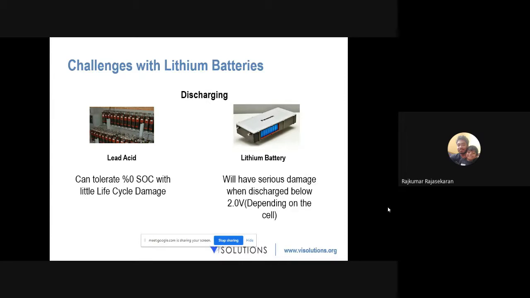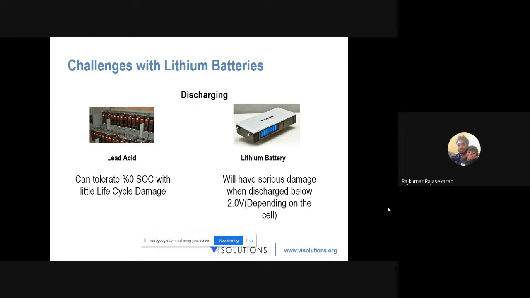And of course, discharging as well. You can discharge the lead acid battery safely, even to 0% of SOC, state of charge, with little life cycle damage. But for the lithium-ion battery, we set the cutoff to 2 volts per cell. An individual lithium-ion cell can hold 3.7 volts, and it can be discharged up to 2.0 volts. Nothing below that.